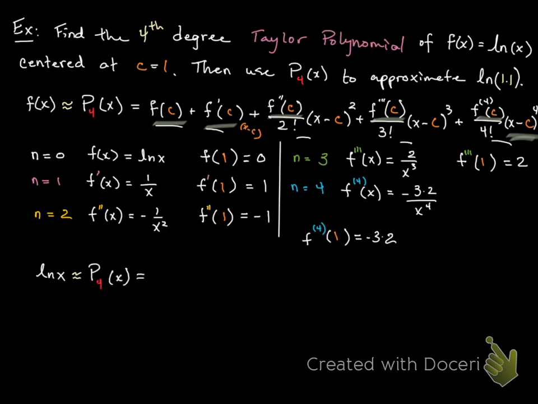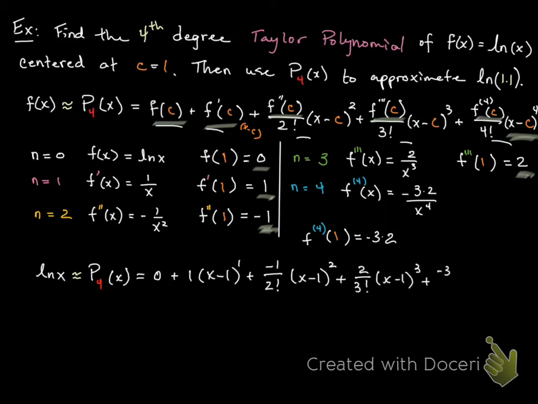And this 4th degree polynomial should be 0 plus 1, and again, all of these are coming from right here, 0, 1, x minus 1, that's my center, to the first, plus minus 1, when n is 2, again, that's minus 1, over 2 factorial, x minus 1 squared, plus, when n was 3, I got a 2 over 3 factorial, x minus 1 cubed, and then a minus 3 times 2 over 4 factorial, x minus 1 to the fourth.